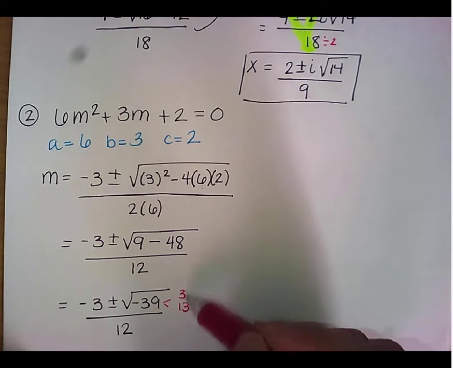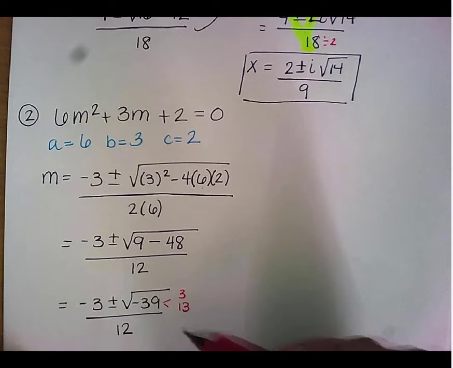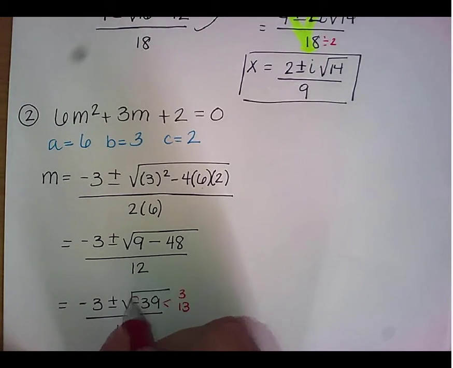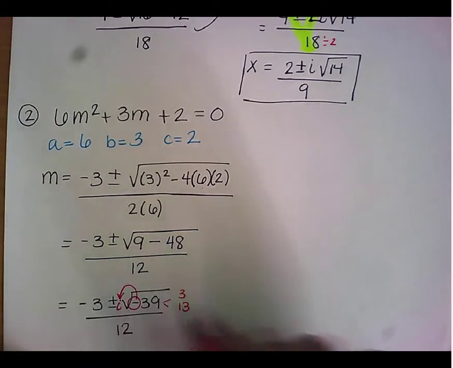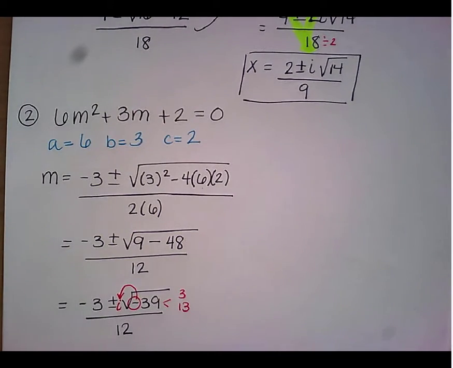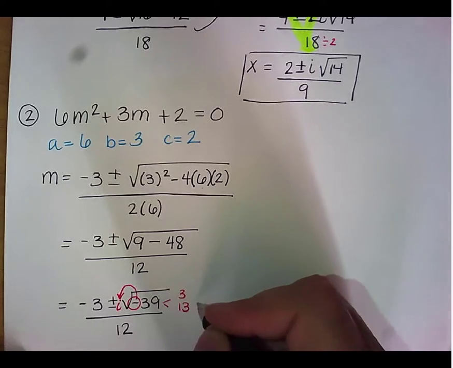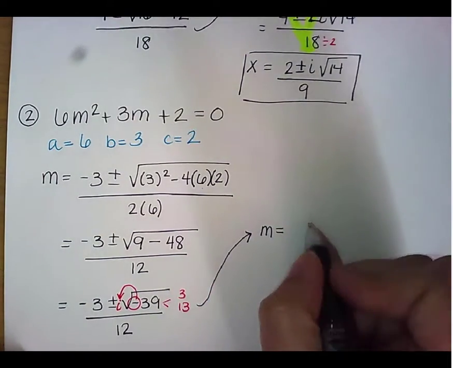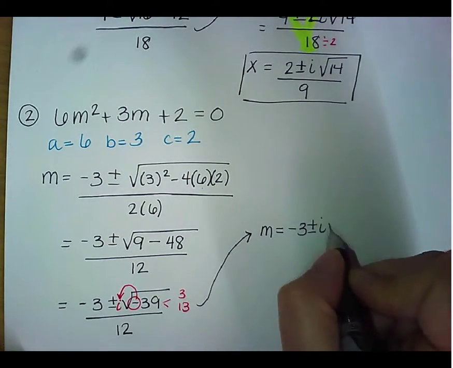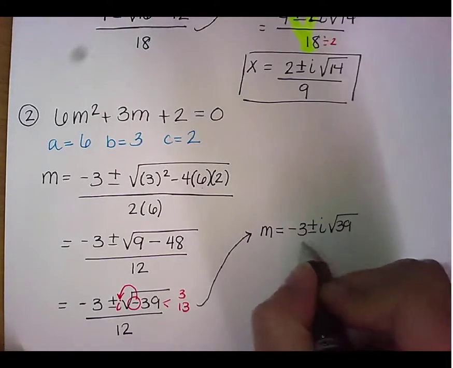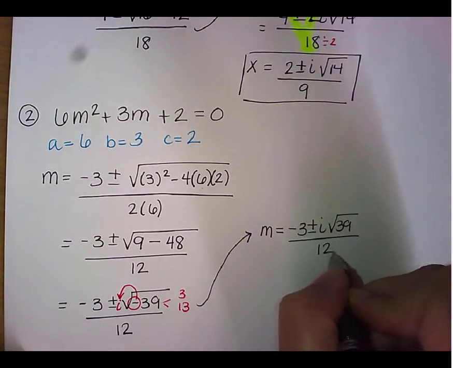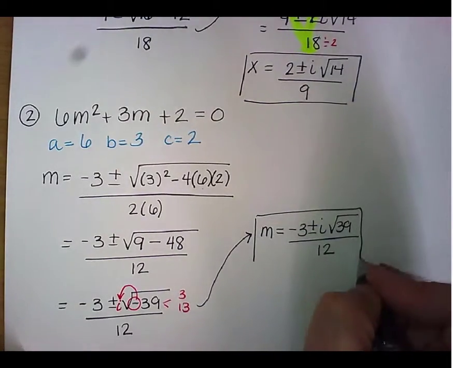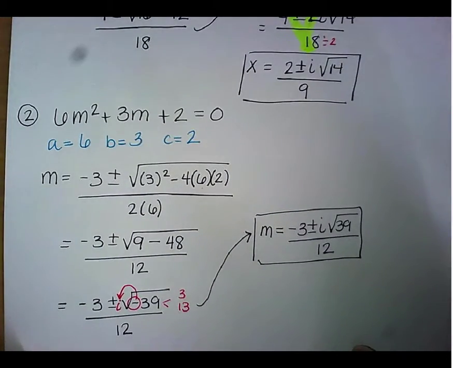However, you'll notice there's no pair in 3 and 13, so we can't take out a pair. However, because this is negative, we still need to bring out that i and stick it directly in front of our radical. So this is going to be m equals negative 3 plus or minus i square root of 39 all divided by 12. And this would be our final answer for this problem.